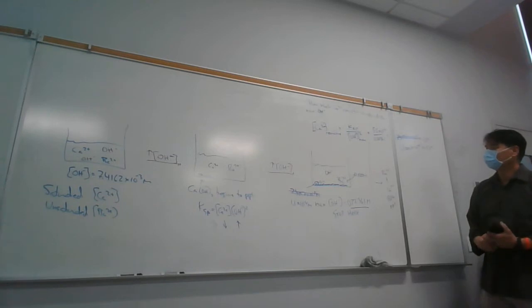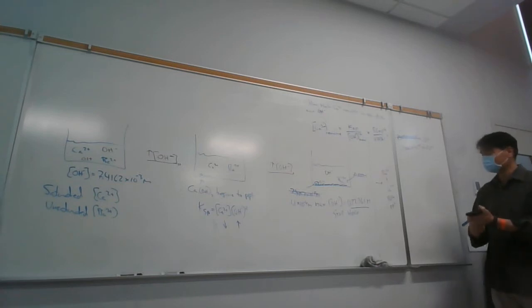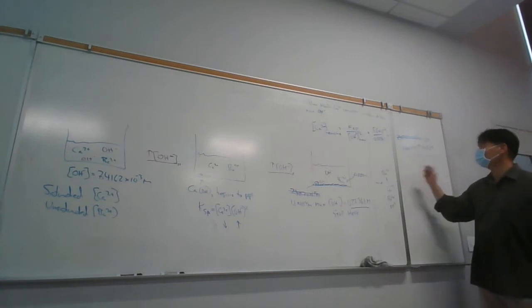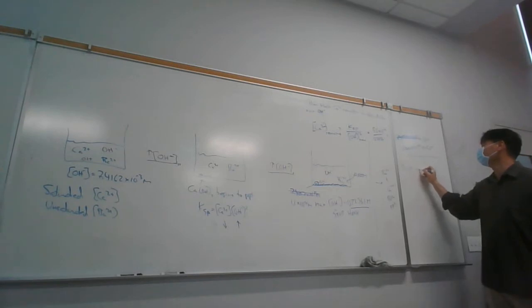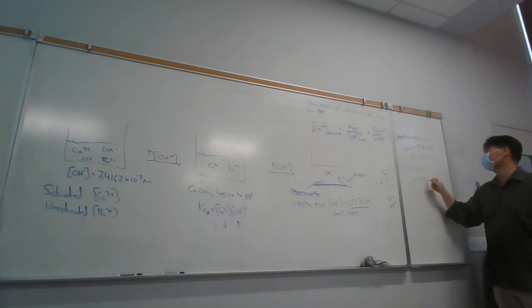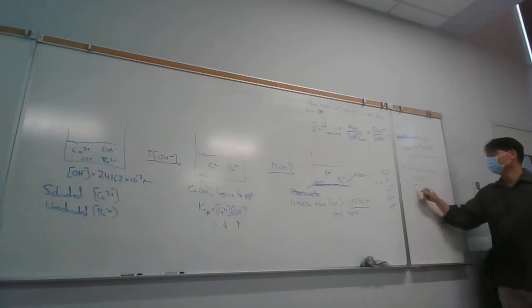All right, so what we need to do is calculate the percent calcium that remains in solution. And so this would be the next calculation. In terms of percentage, the percent calcium remaining is equal to 1.1 times 10 to the minus 4 over the initial, which was 0.100, times 100%.